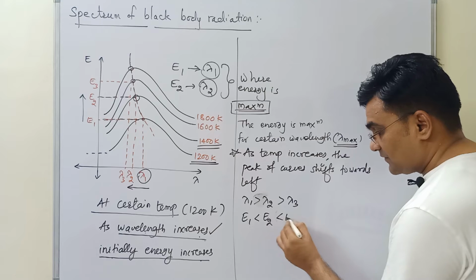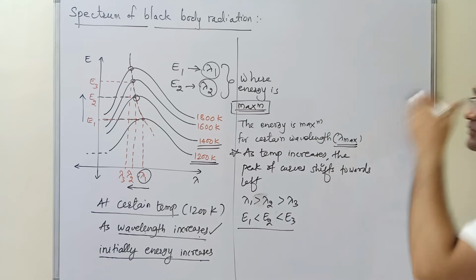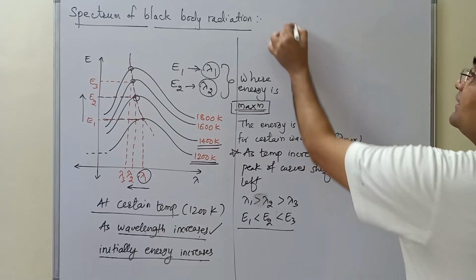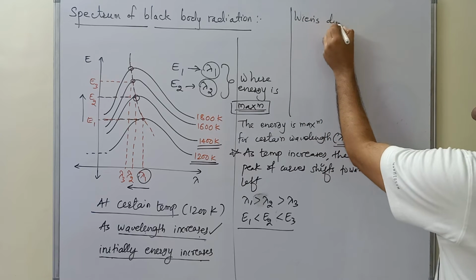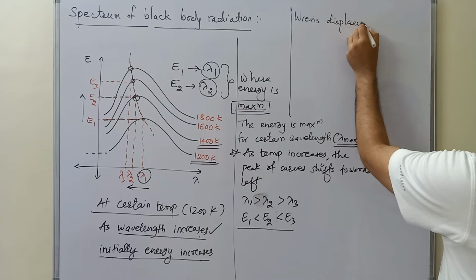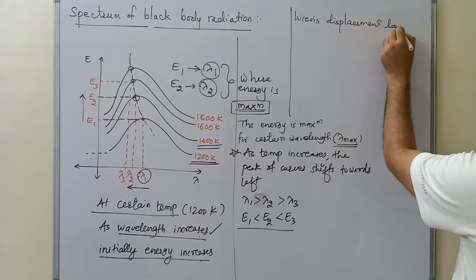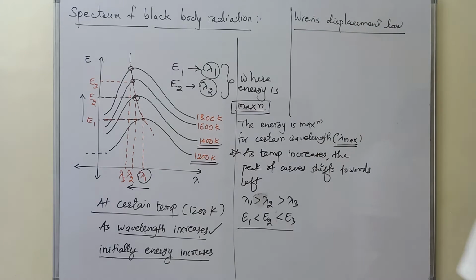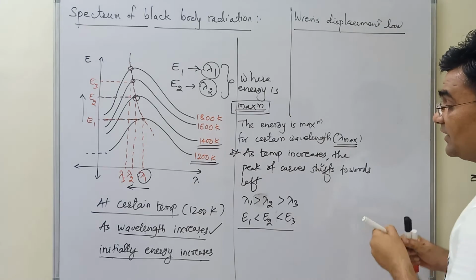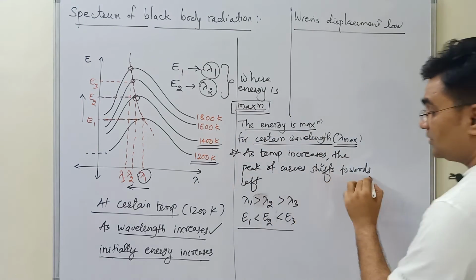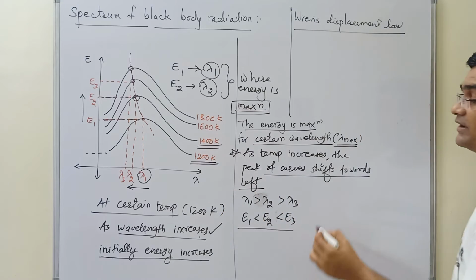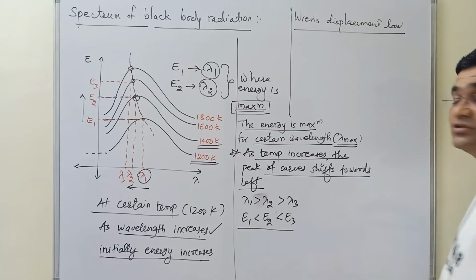E3. These observations were again studied by Wien, and he gave rise to a law called Wien's displacement law. What he observed, we already learned: the wavelength for which energy is maximum at a given temperature is inversely proportional to the temperature.